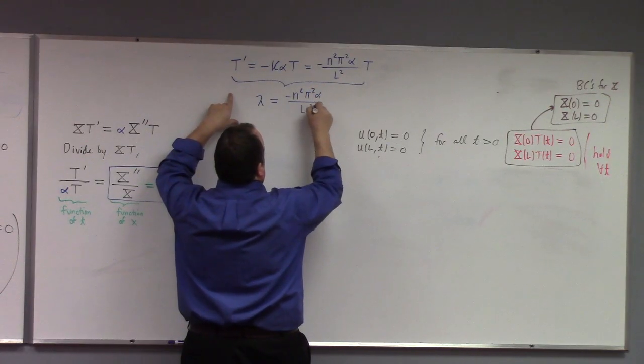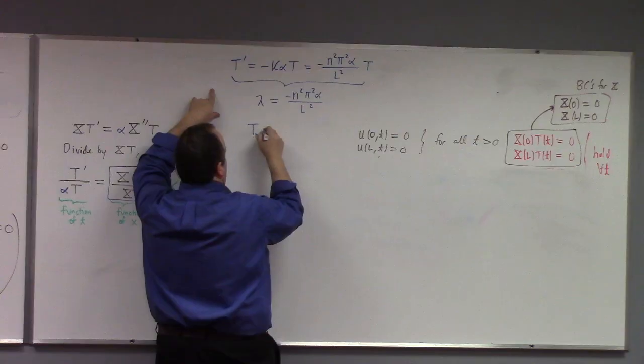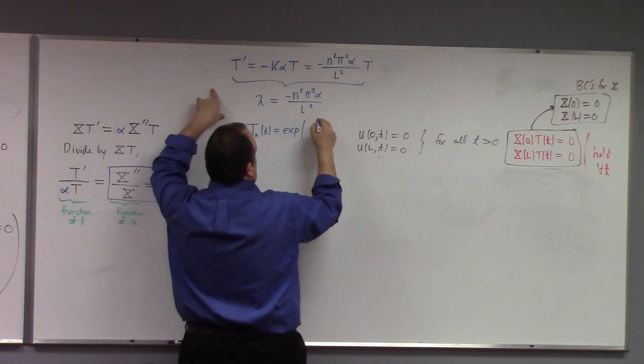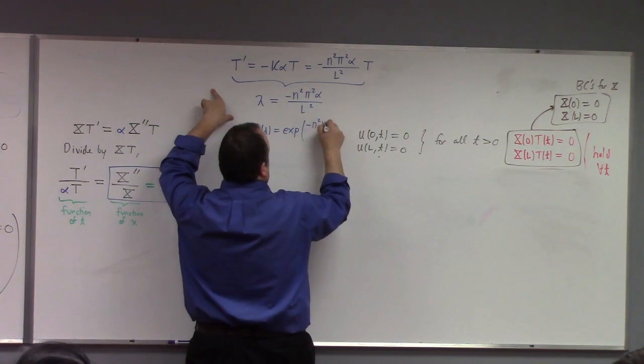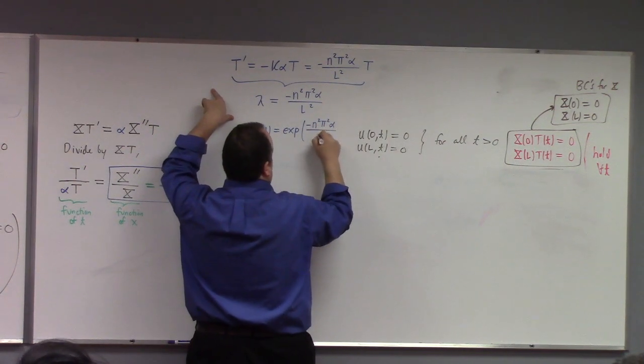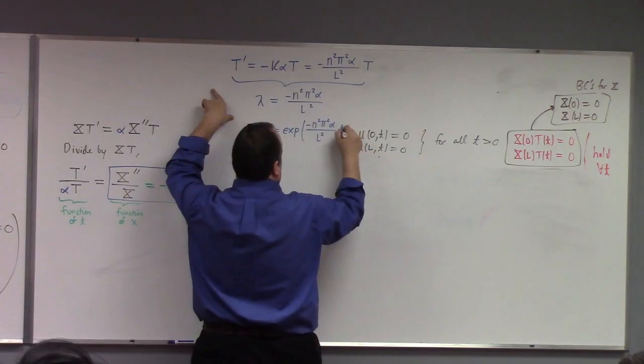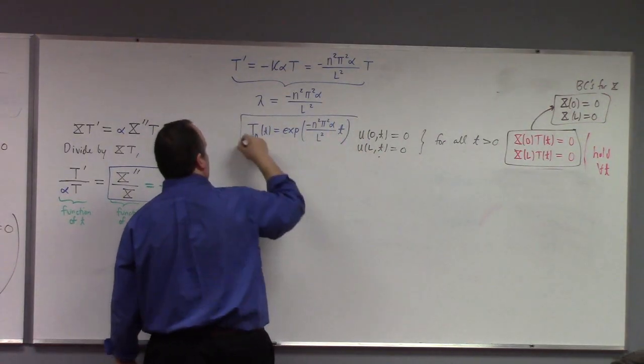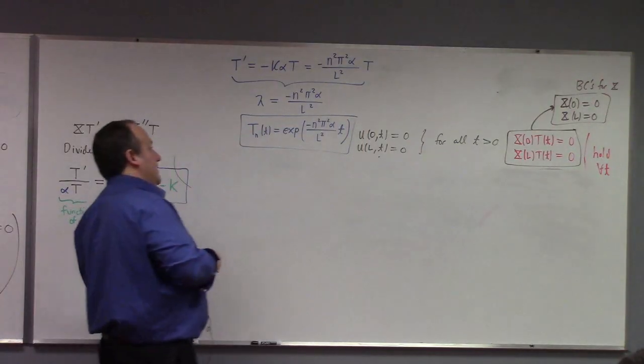So apparently my solution for T is just the exponential of minus n squared pi squared alpha divided by L squared times t. There you go. Woohoo! There's my temporal solution.